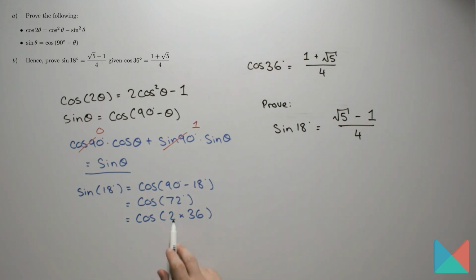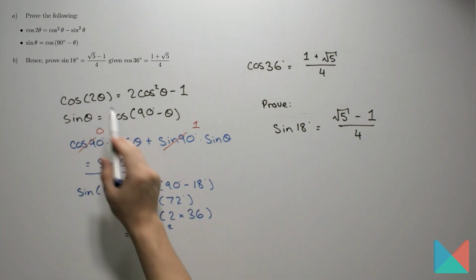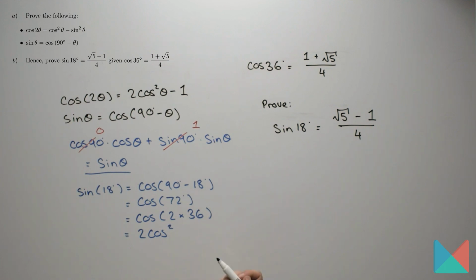And this is because 2 times 36 gives us 72. And the reason why I left it in this form is because it matches our identity here. And so we can expand out into the right hand side, which we will get 2 times cos squared of theta, and we have 2 times theta here and 2 times 36, so theta is going to be 36, and we're just subtracting 1.